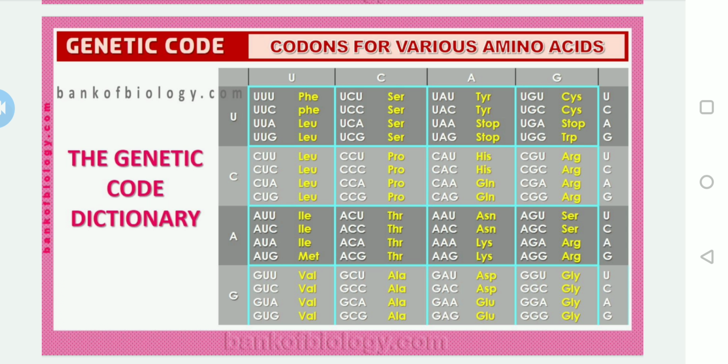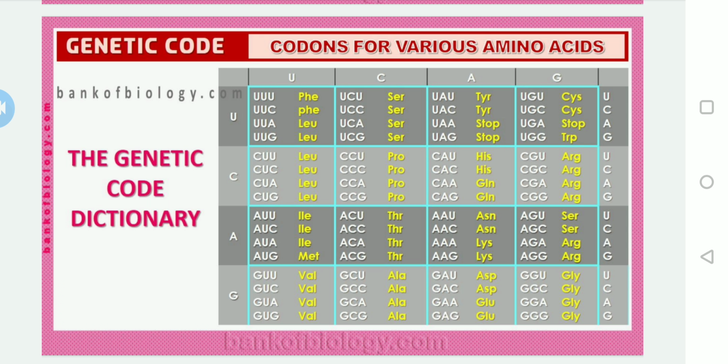If you observe, UUU and UUC code for the amino acid phenylalanine. UUA, UUG, and also CUU, CUC, CUA, CUG, these are the codons which code for the amino acid leucine.